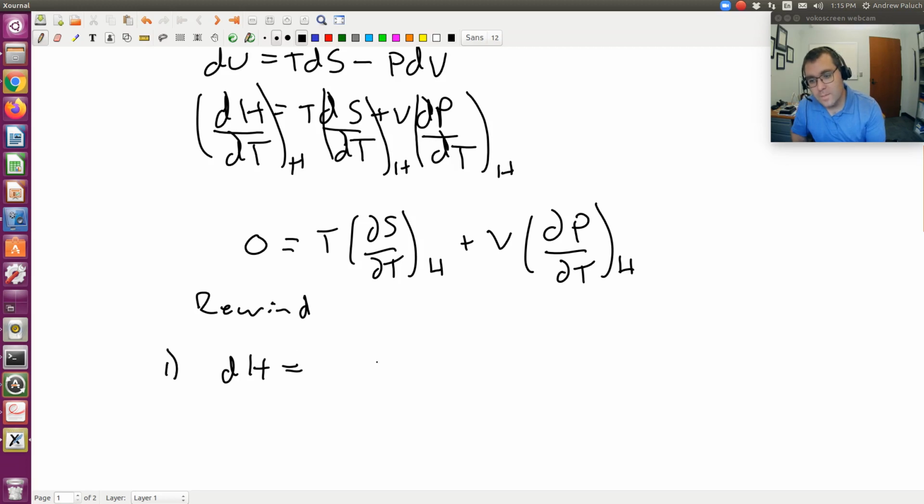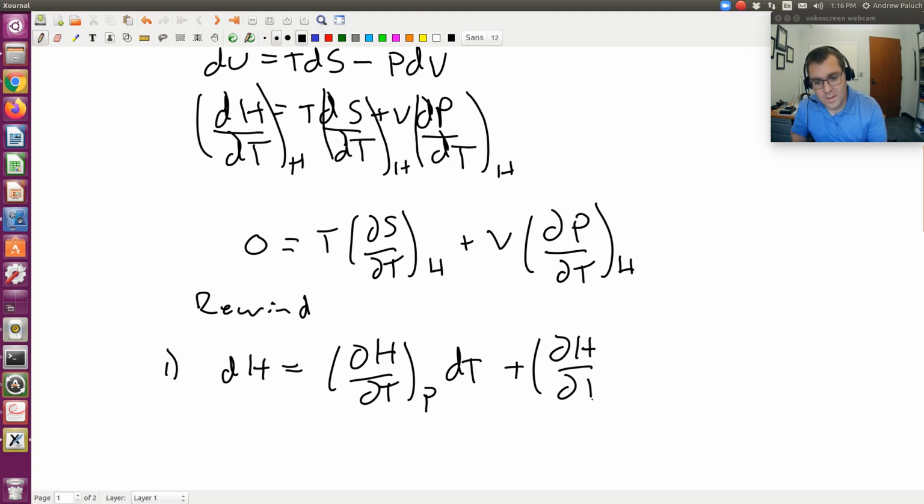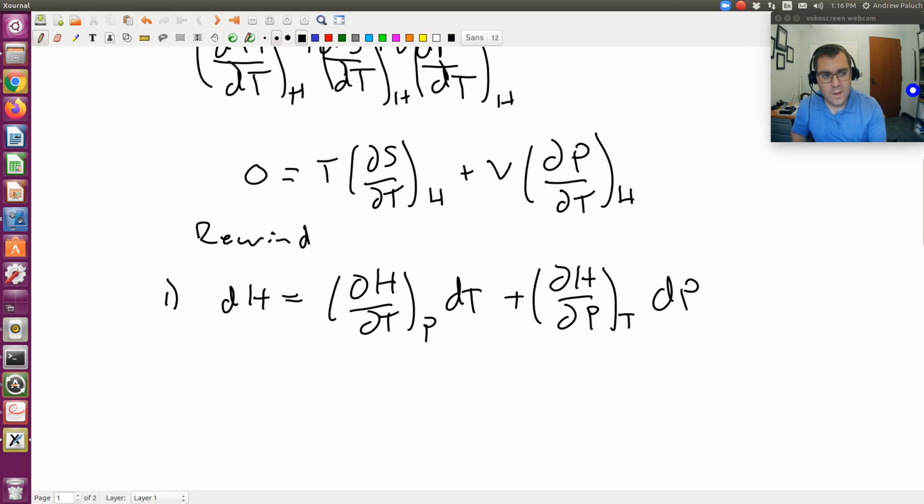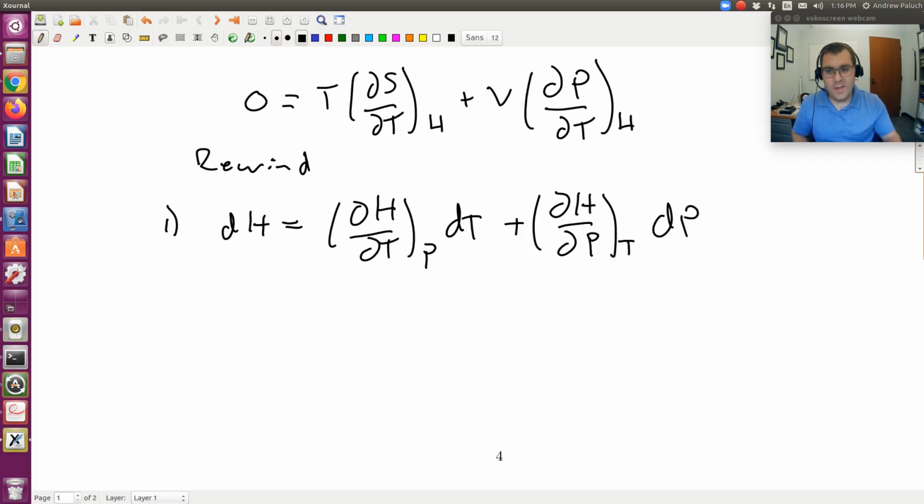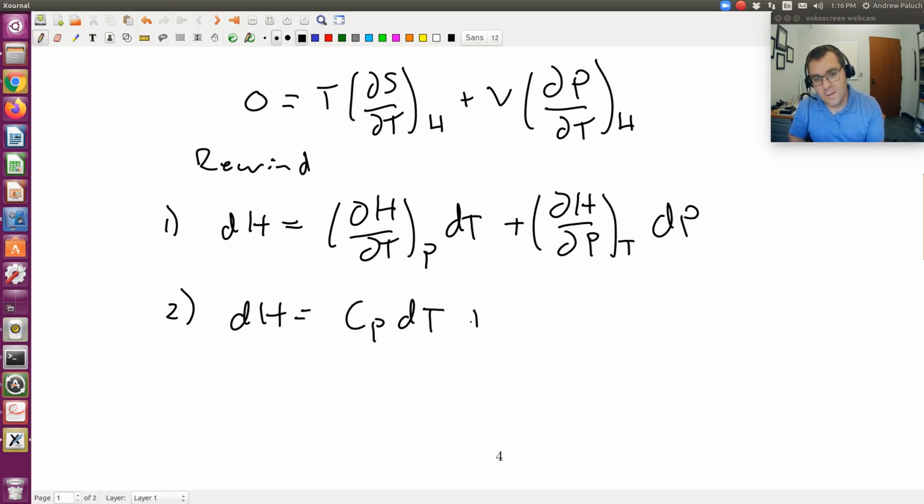Okay, so step one. I'm going to rewrite this as (∂H/∂T) at constant P dT plus, now differentiating with respect to the second variable, (∂H/∂P) at constant T dP. Then I'm going to look to see if I can plug in a heat capacity relationship or a Maxwell relationship. Here I have (∂H/∂T) at constant P, which is our definition of Cp. So dH is equal to Cp dT plus (∂H/∂P) at constant T dP.